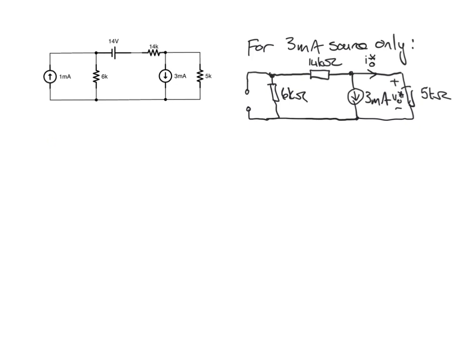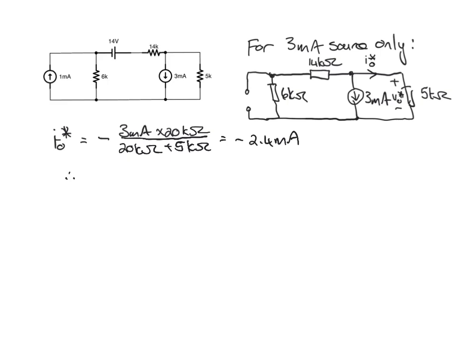So I star O is equal to minus 3 milliamps by the current divider rule times 20 kilo ohms, which is the 6 kilo ohm plus the 14 kilo ohm, divided by 20 kilo ohms plus 5 kilo ohms, and that is minus 2.4 milliamps.